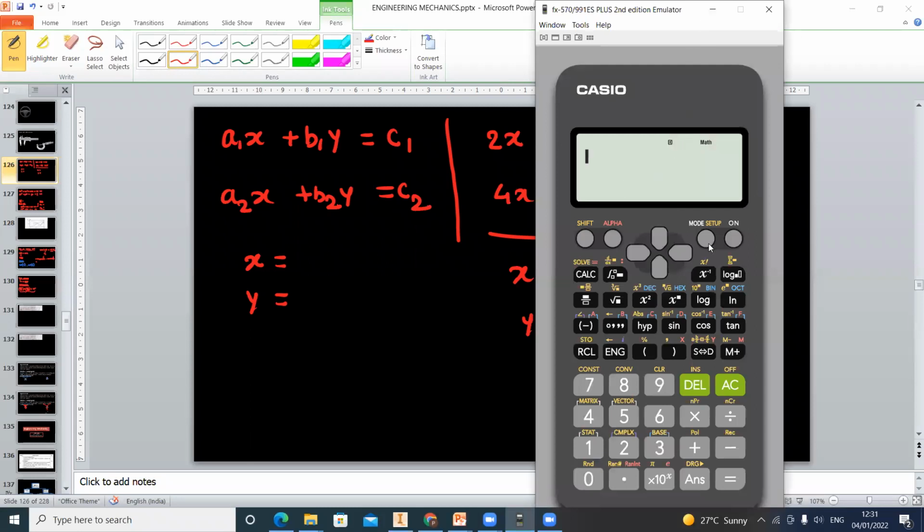For that, select the mode, select the fifth option, equation, and select the first option, anx plus bny equal to cny.